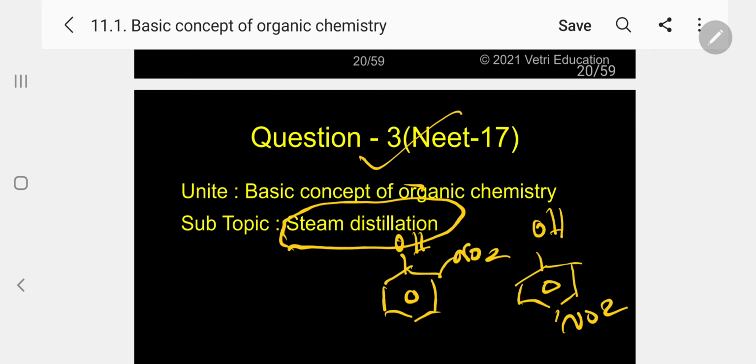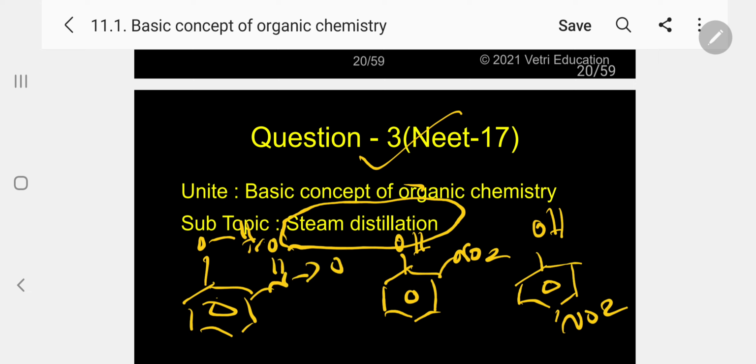In orthonitrophenol, hydrogen bonding is present. In what way? O-H is there, N double bond O, O. So there is hydrogen bonding. That is called intramolecular hydrogen bonding.